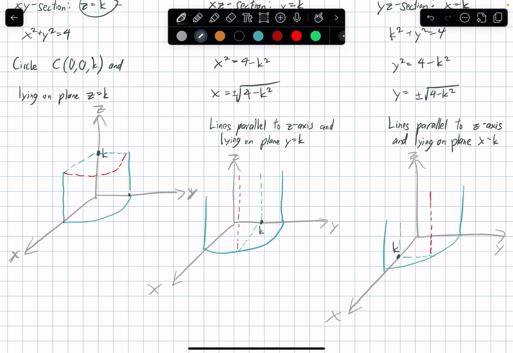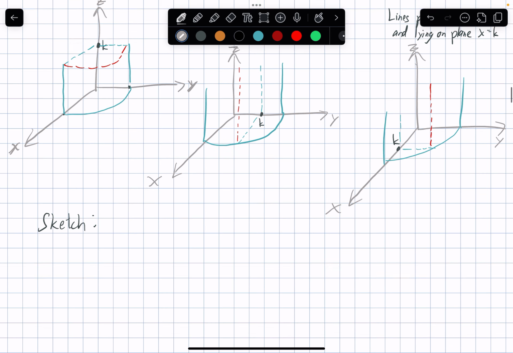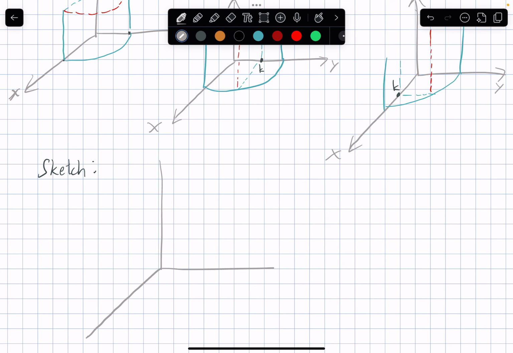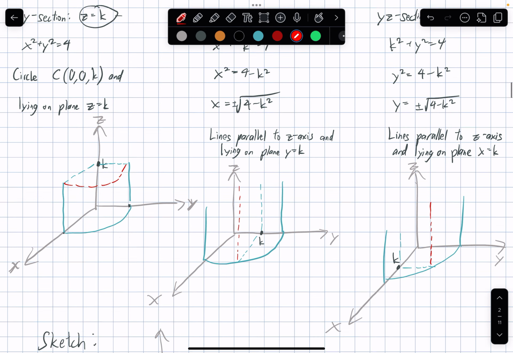So like essentially, when we do the sketching again, you put this, this, this, and you just copy this.